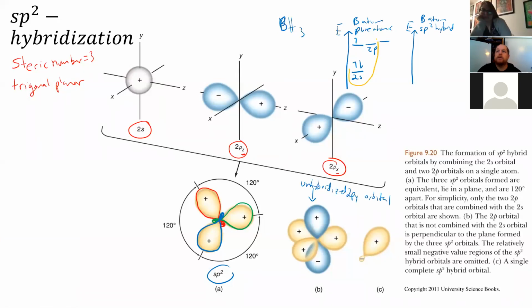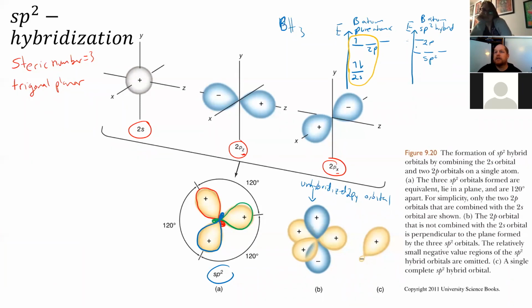So I'm taking 2 of those p orbitals for an sp2 hybrid orbital, for the set of sp2 hybrid orbitals on the boron atom. I've got 1, 2, 3 sp2 orbitals, and left over, at the top, is my leftover 2p orbital.